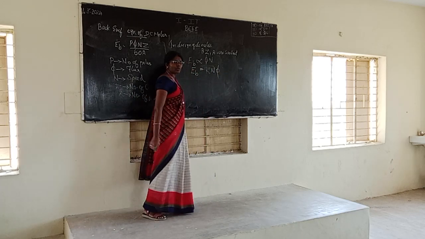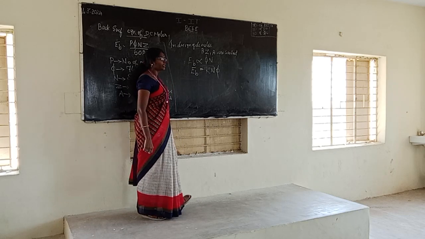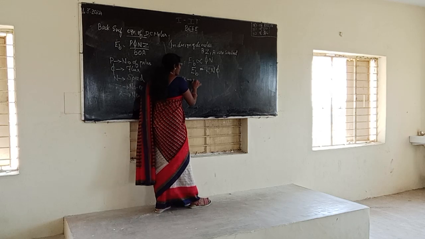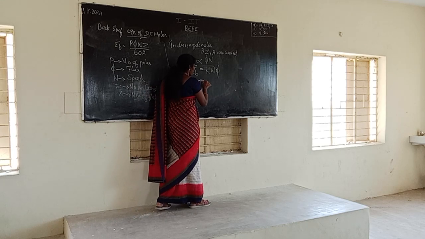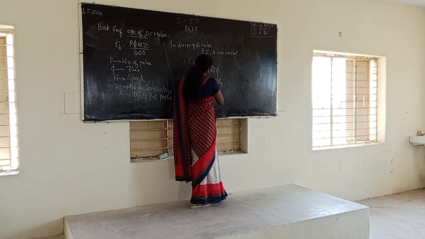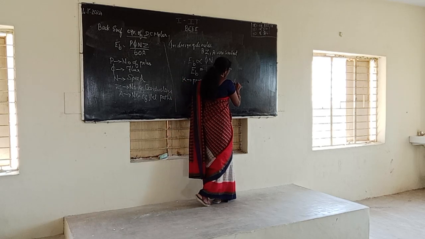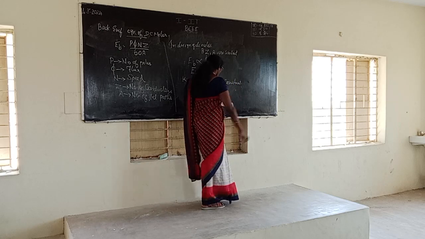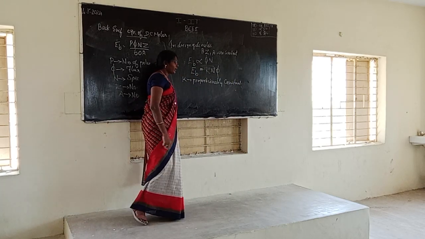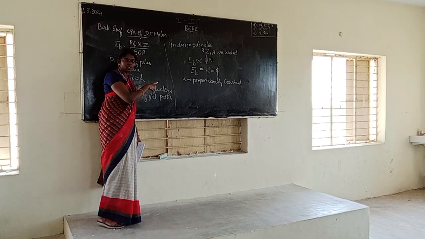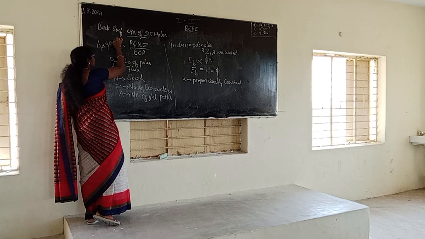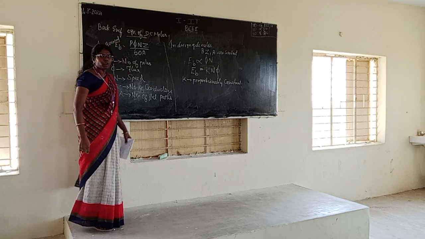That is, E_B is equal to K N phi, where K is the proportionality constant. This is one general form. Write it in general.